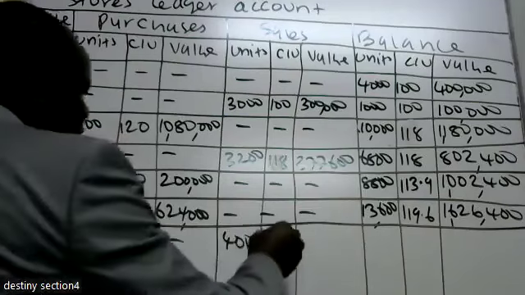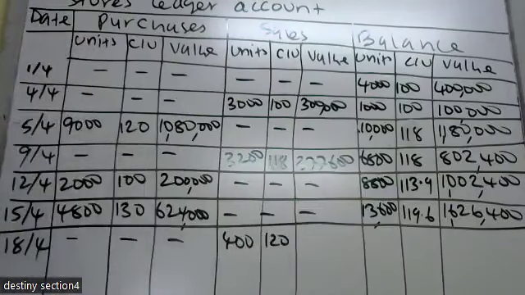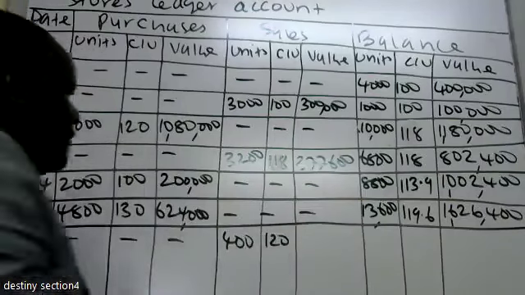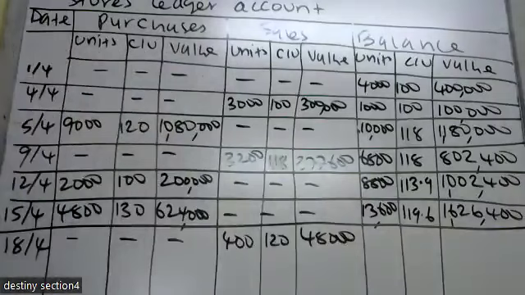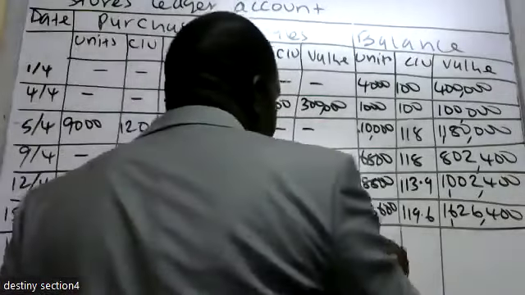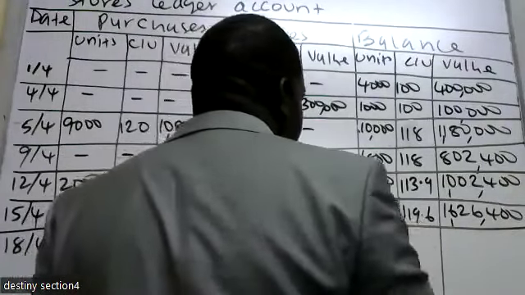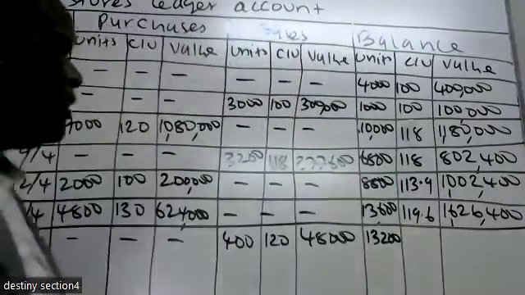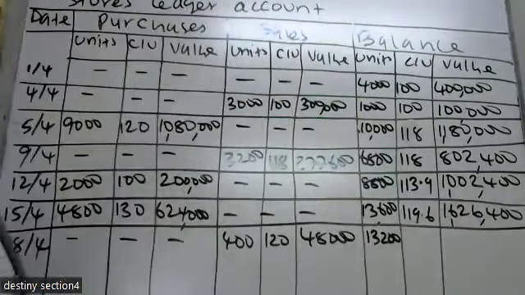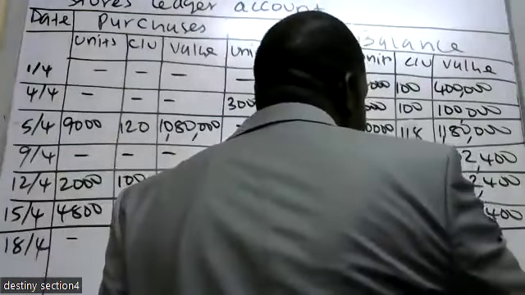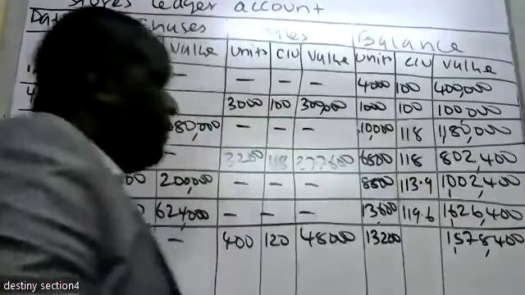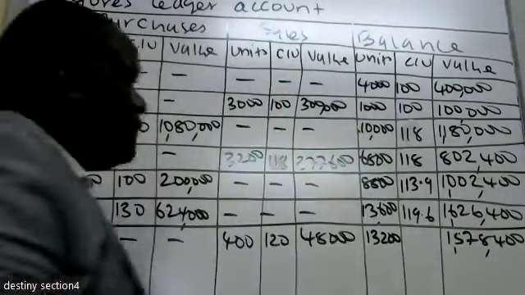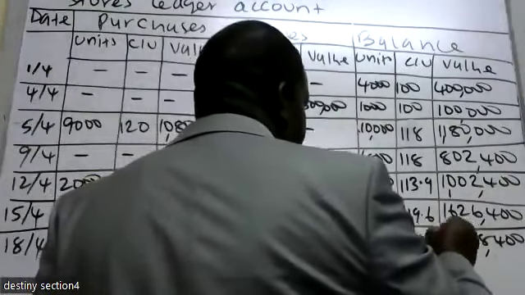So value them at 120, giving 48,000. So we go to the balances where you subtract 13,600 minus 400, that's 13,200. Then you subtract this from that to give 1,578,400. So get the average price, 119.6.